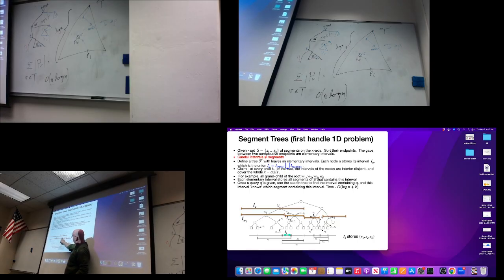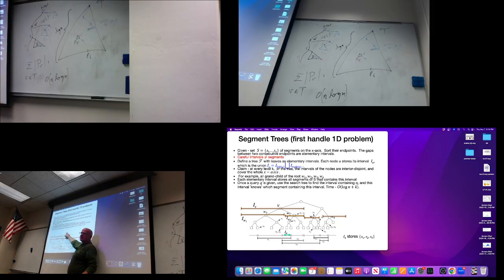The interval of W2 is everything over here, and W1 and W2 have a common parent, V. So the interval I sub V is just the union of these two intervals. It goes from the leftmost of the left interval all the way to the rightmost of the right interval. And so on for this node.